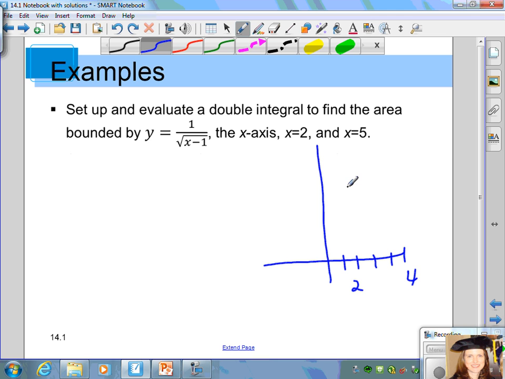You can plot points, use a graphing calculator, and it's going to look something a little bit like this.